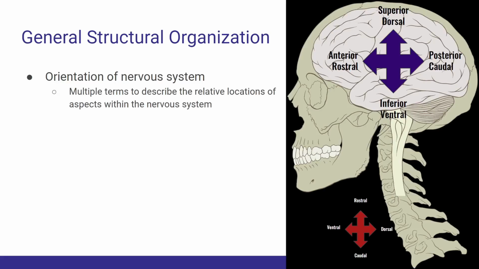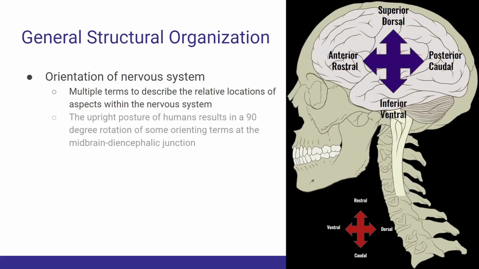So when discussing neuroanatomy, it's important to understand the general orientation when describing different structures within the brain. So there's multiple terms to describe the relative locations of different aspects of the nervous system. This differs in humans compared to other animals because our brain is rotated 90 degrees from other animals, like let's say a rat. And that rotation occurs around the midbrain and diencephalic junction.